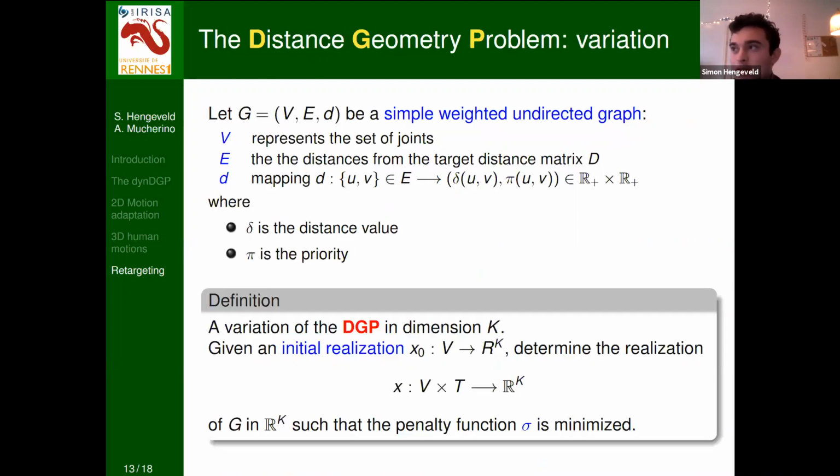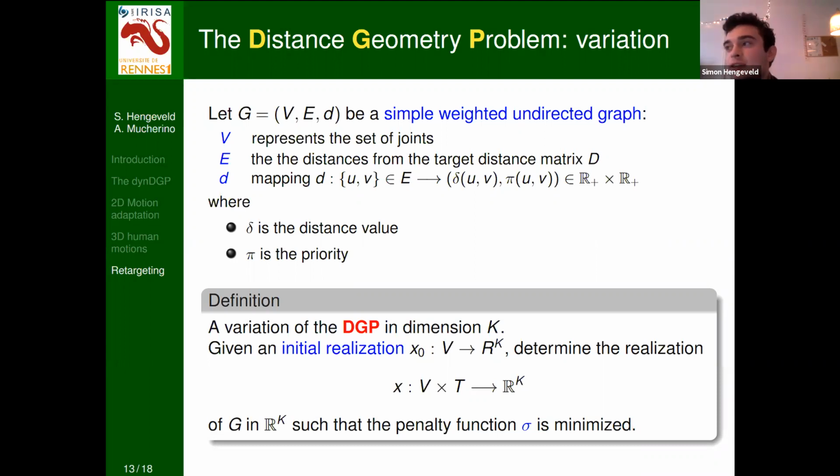So this leads us to a new variation of the distance geometry problem, one that we will solve to solve the motion retargeting problem. Now we removed this temporal component, and we have a graph G with the vertices V, which represents the set of joints of the skeleton, and then a set of edges E, which represents this target distance matrix that we computed on the previous slide, using the shortest paths for the new morphology.